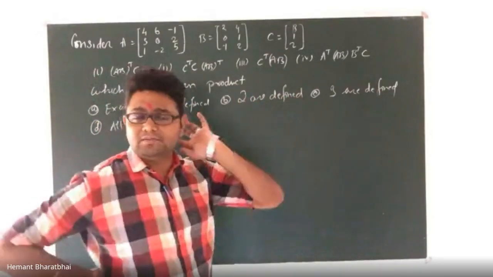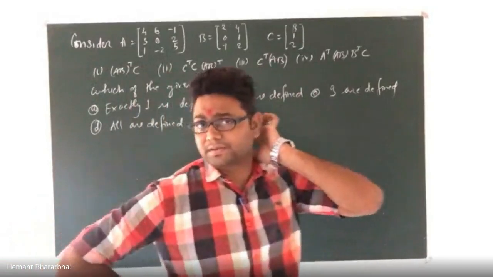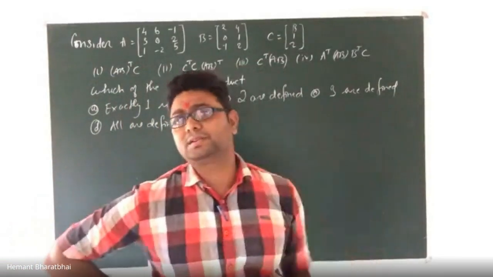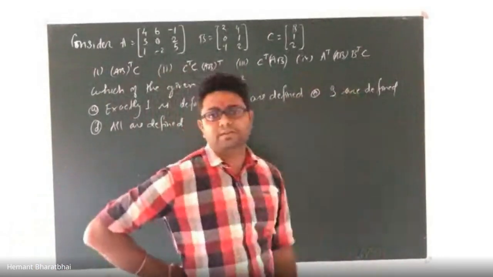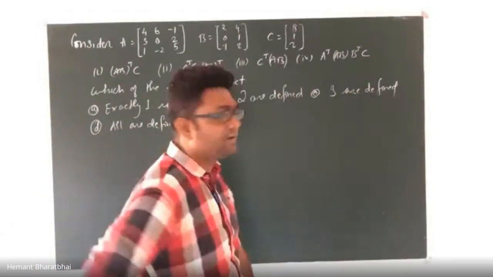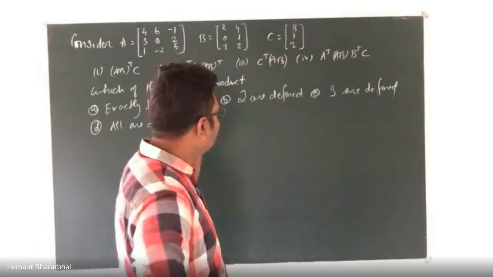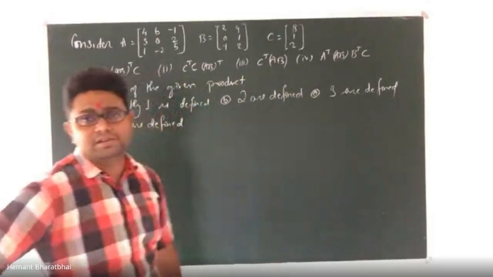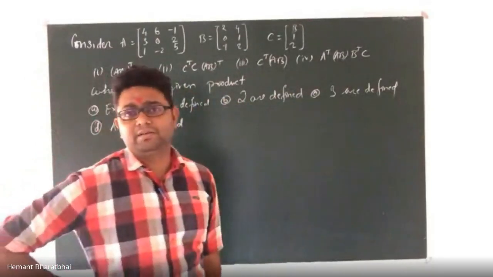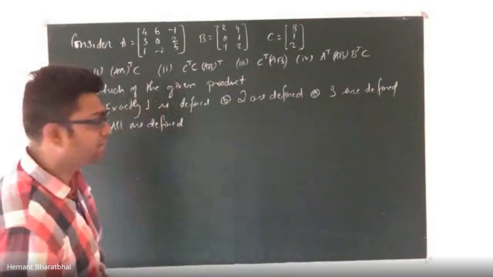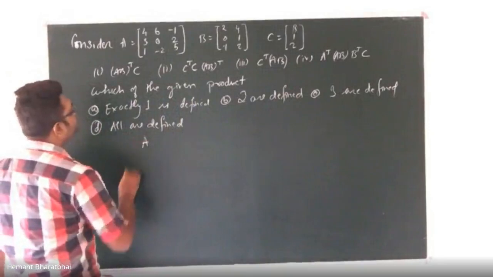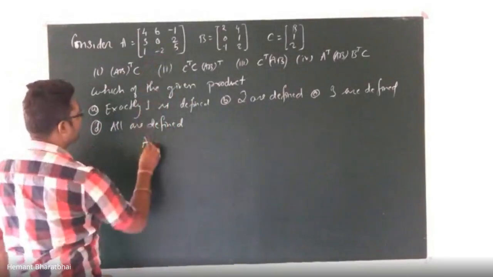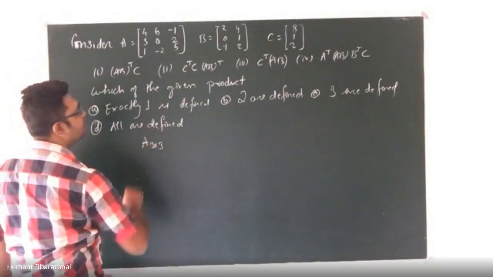So, if you remember, I said when you can multiply two matrices, is multiplication possible or not possible? If all four cases are possible, then all are defined. So we'll have to verify in which cases the multiplication is defined. Matrix A is of order 3 by 3.